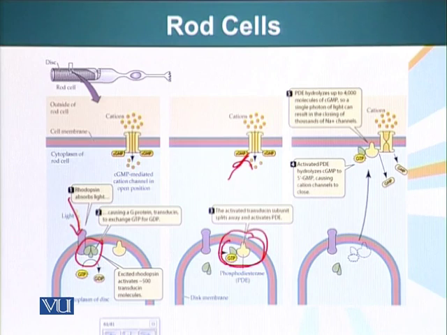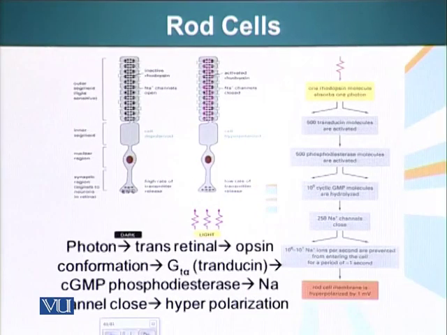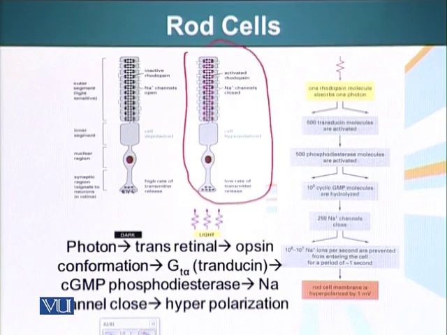So once the phosphodiesterase gets rid of cyclic GMP, this ion channel will close, and now the neuron, rather than becoming depolarized, will become hyperpolarized. This neuron is an inhibitory neuron. Once this neuron is hyperpolarized, its inhibitory effect will be limited.